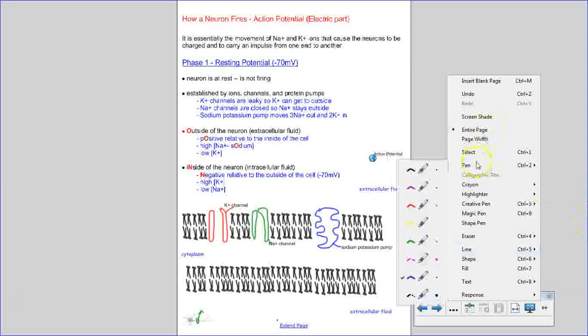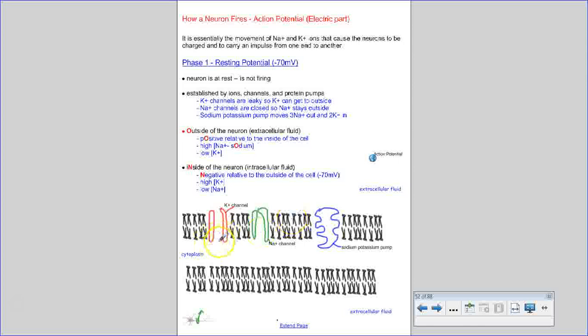Okay, so basically, I wish I could do this without a mouse. Because this channel is leaky, potassium ions can go to the outside. Okay, sodium ions, because that channel is closed, they are stuck on the outside of the membrane.